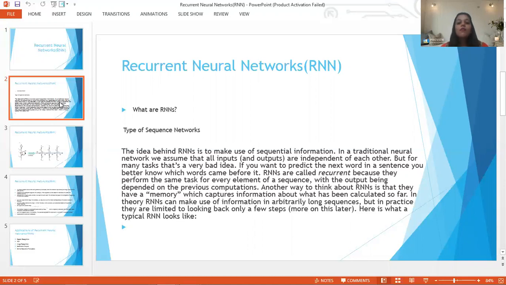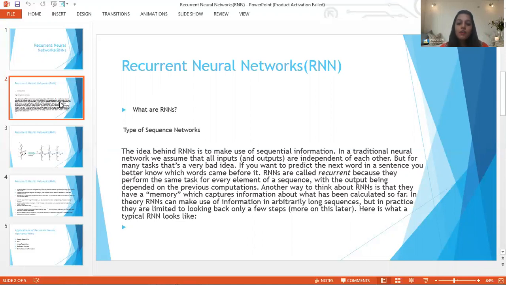So it is better to remember the searches and the inputs which we have given to the system, so every time we don't need to feed the system the same kind of inputs again and again. So here the recurrent neural network works.